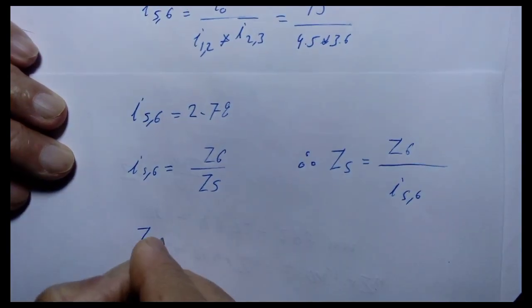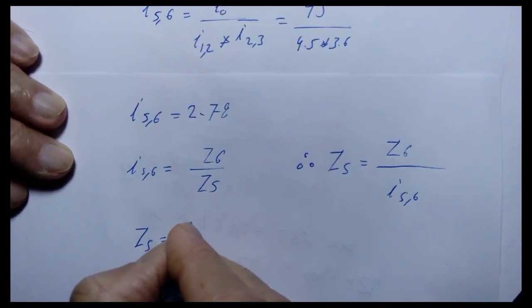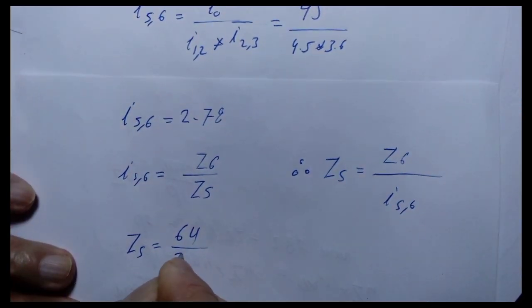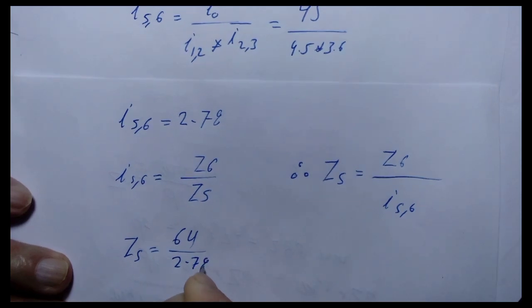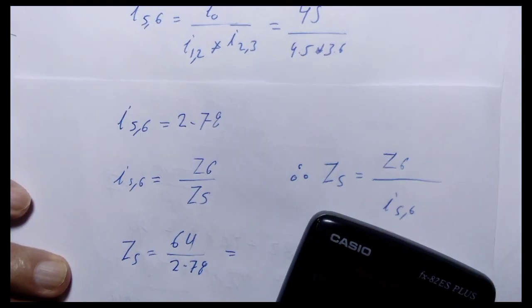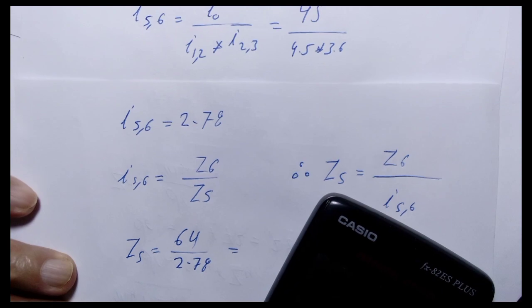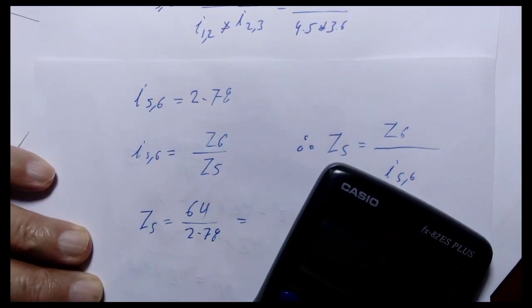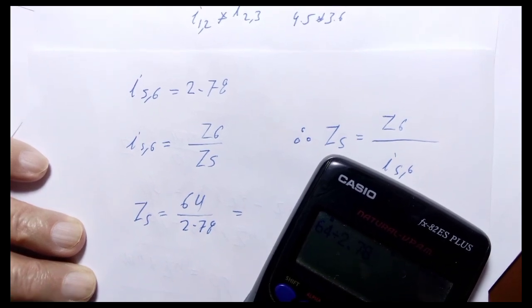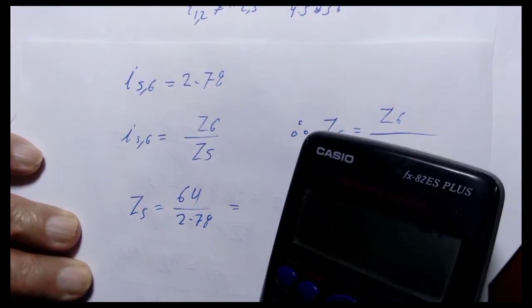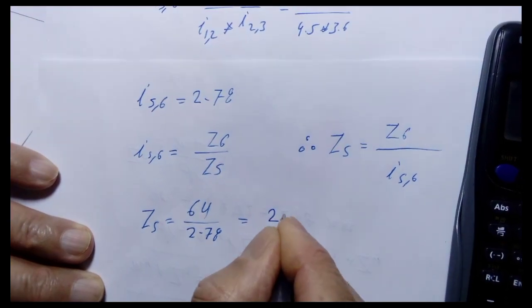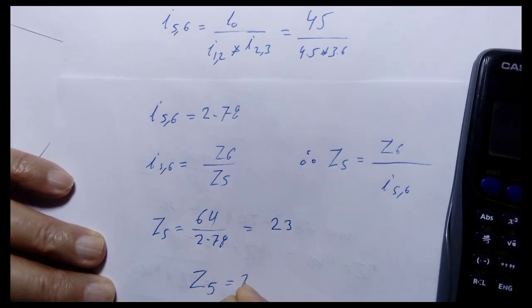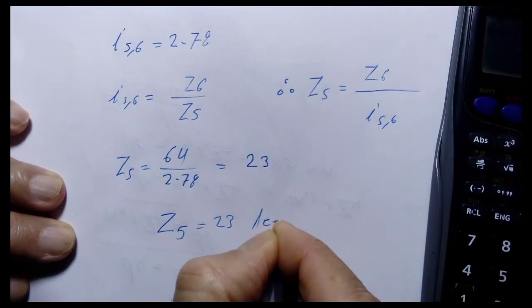So Z5 is equal to 64 divided by 2.78, which is equal to 23. So Z5 is equal to 23 teeth.